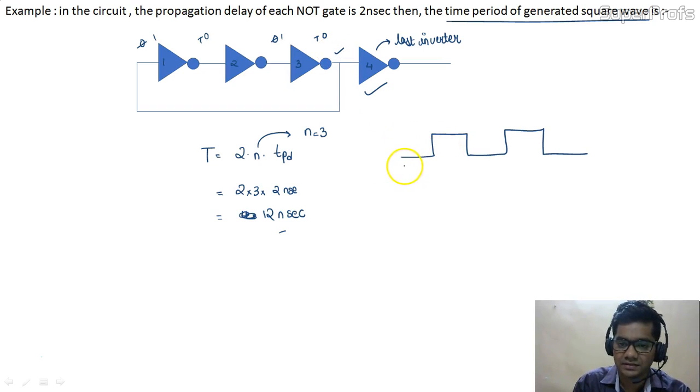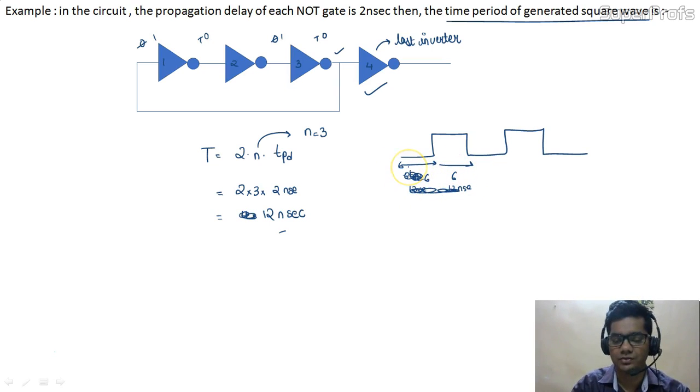So this is 6 TPD, and this would be 6 nanoseconds and this would also be 6 nanoseconds. So the complete time period would be 12 nanoseconds.